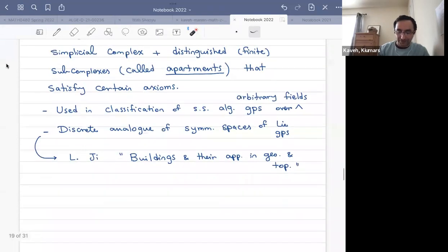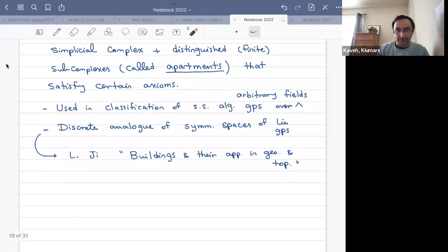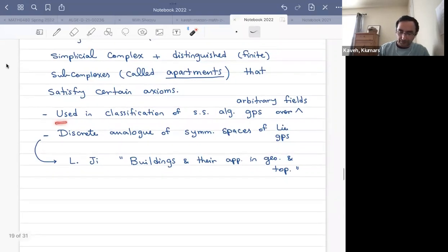Okay, but what I'm going to explain is, given a linear algebraic group, what is the complex associated to it. They are used in classification of algebraic groups. Tits has the notion of a Tits system and so on. They are a kind of discrete analog of symmetric spaces for Lie groups.